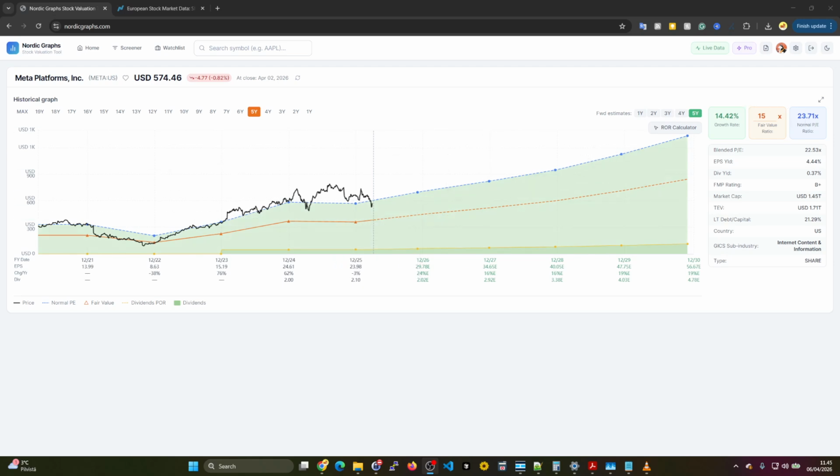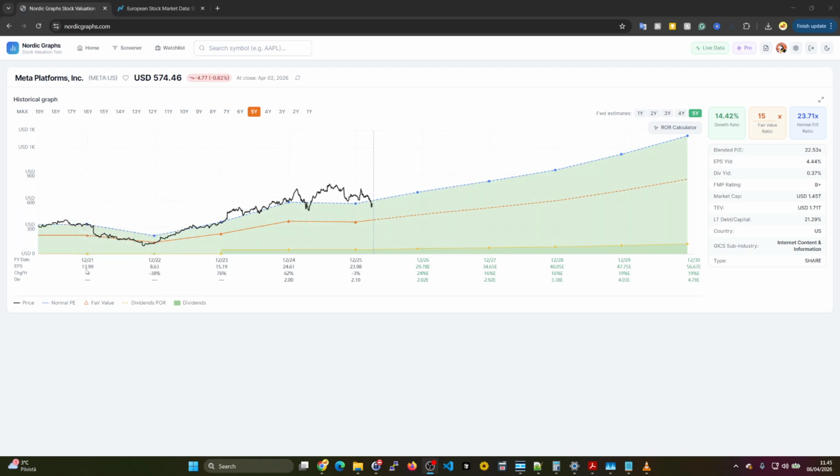23.7. Meta has been trading around the blue line for 5 years, but sometimes going down even to the orange line or below it, like in 2022.